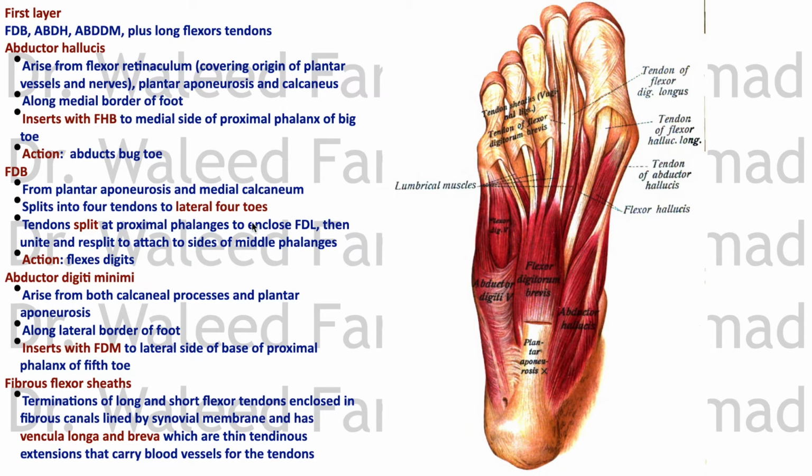Okay. The flexor digitorum brevis arises from the plantar aponeurosis and the medial calcaneum, and splits into four tendons to the lateral four toes. Okay? Flexor digitorum brevis, as you can see here, lateral four toes. Now, it's like the flexor digitorum superficialis in the upper limb.